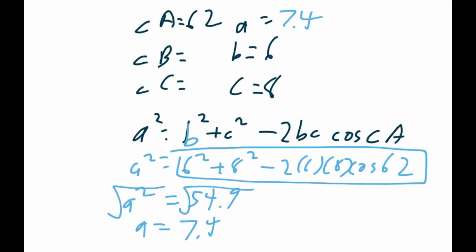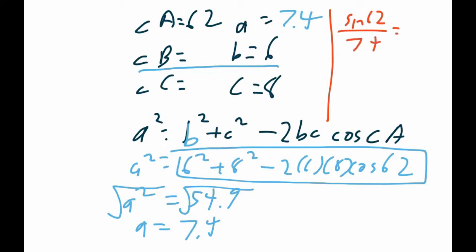Once I get 7.4, I'm going to find angle B because angle B is smaller. So I'm going to, over here, go the sine of 62 over 7.4 equals the sine of angle B over 6. And I need to multiply by 6 on both sides because that 6 will cancel.